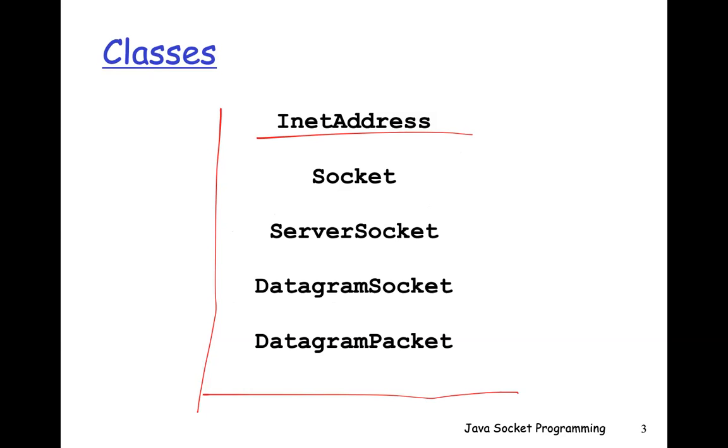And then the next ones are for TCP. We have two sockets. One is called Socket. Actually, this one is the client socket. And the other one is the server socket.